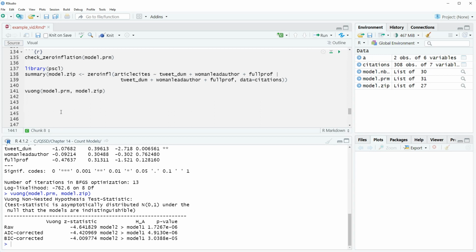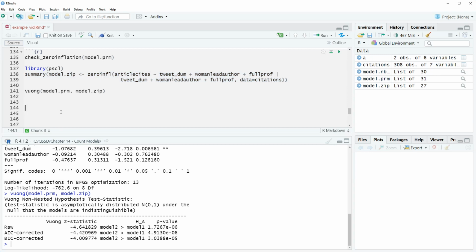And then we would run a second one where we filter out all the zeros and just run it on positive counts with the zero truncated Poisson or negative binomial. But there is already a hurdle function that does it for us, so we're just going to use that.